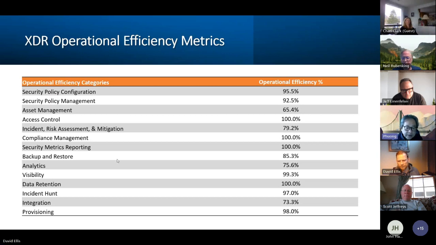So that's one thing I'd like to point out. But other than that, there's a lot of information here to digest. One of the key things is the integration of the different security layer technologies and solutions.